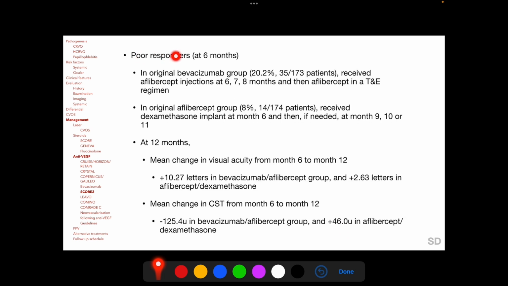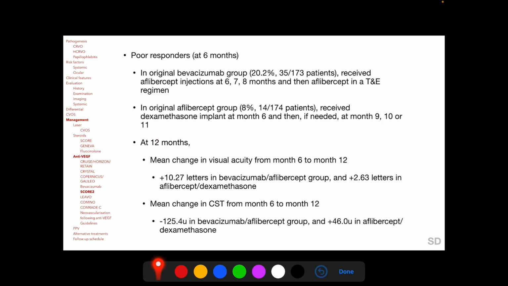The poor responders in the original bevacizumab group at the end of initial 6 months received aflibercept injections at 6, 7 and 8 months, and then aflibercept in a treat and extend regimen, and poor responders in the original aflibercept group at the end of the initial 6 months received dexamethasone implant at month 6 and then if needed at month 9, 10 or 11.